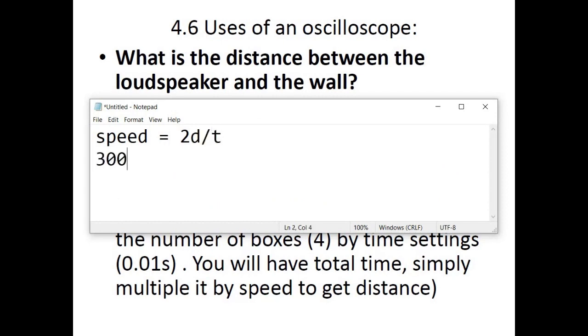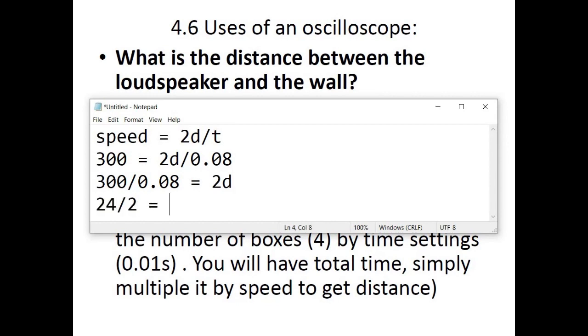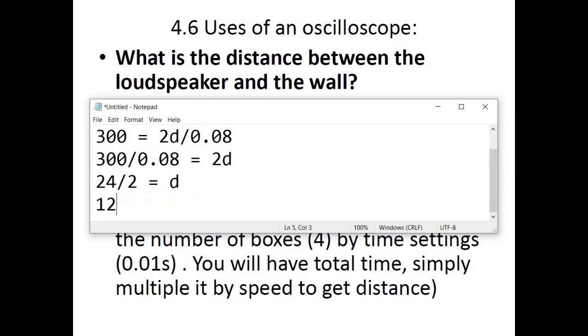Speed is 300 equals 2d, which we don't know, divided by time, which we know, 0.08. Now 300 multiplied by 0.08 would be equal to 2d, and then 24 divided by 2 would be equal to d, and 12 would be our answer.